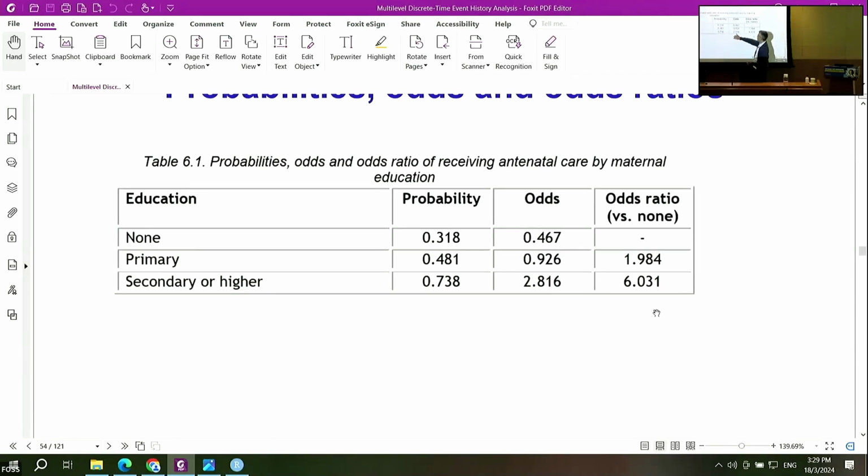And similarly, the odds of a mother with secondary or higher level education having antenatal medical care is almost 3 times the odds of a mother with no education. So this gives you some idea about how you translate probabilities into odds ratios. Yeah? So the odds ratio is the usual metric that we use to compare groups from a logistic regression model.